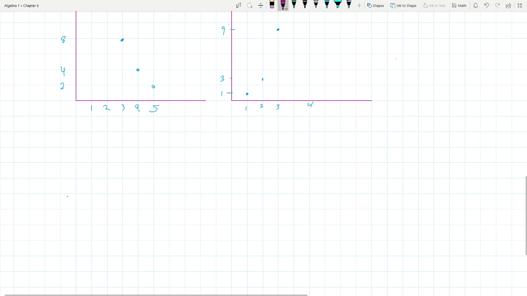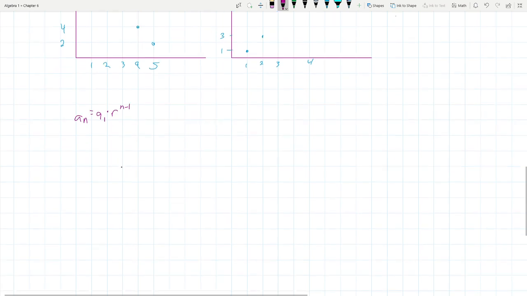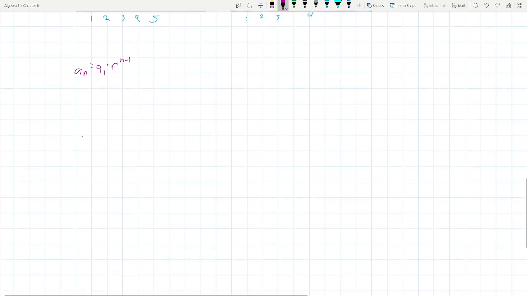So as we talked about, the equation for a geometric sequence is a sub n equals a sub 1 times r to the n minus 1. We talked about already that a sub 1 is our first term, r is our change, our pattern in multiplication, n is our term number that we're trying to find, and a sub n is the value of the term.